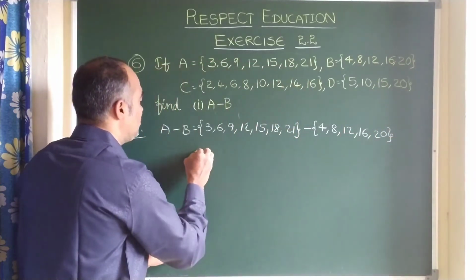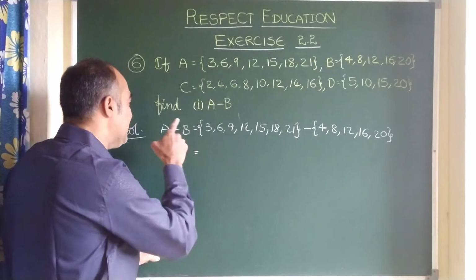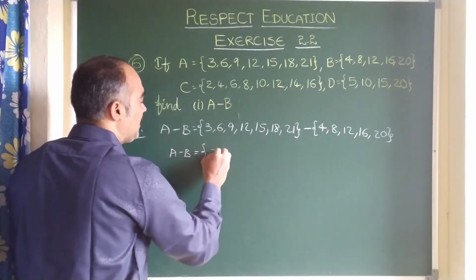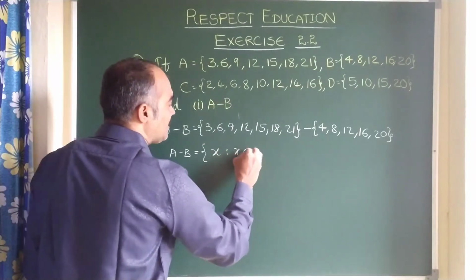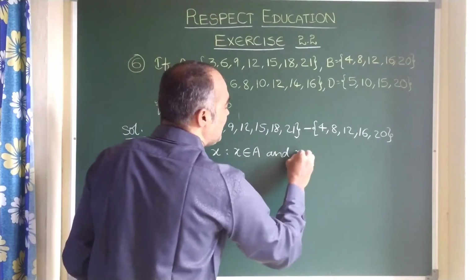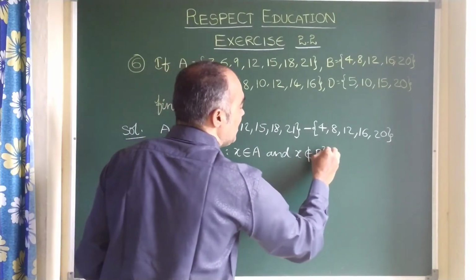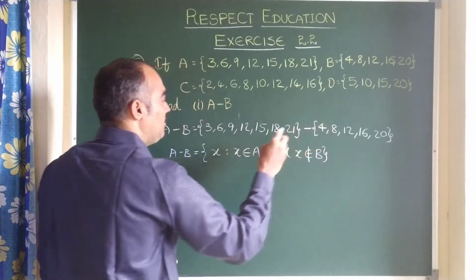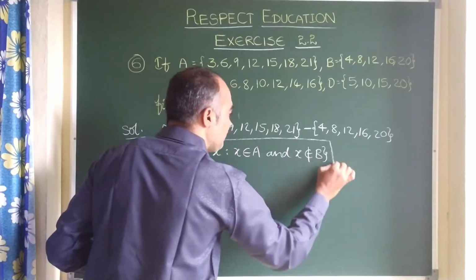As I have told you, children, you need to take elements X such that X belongs to A, and X does not belong to B. That element should not be there in B. It should be there in A but not in B. This is the actual formula.